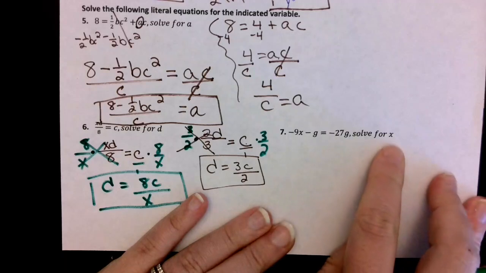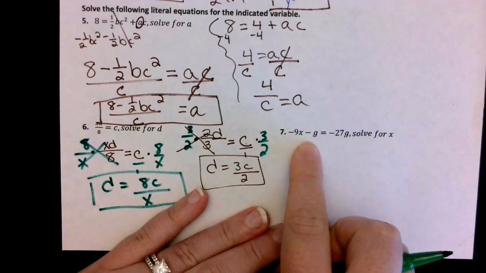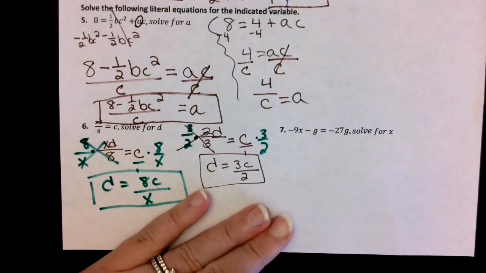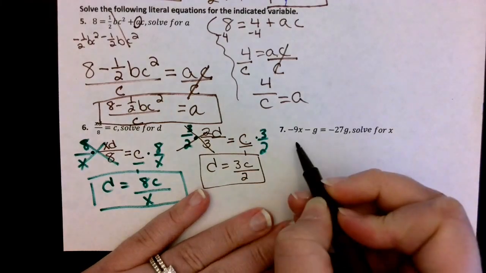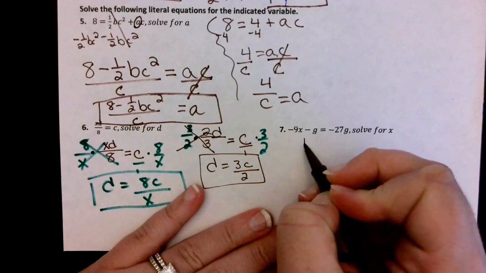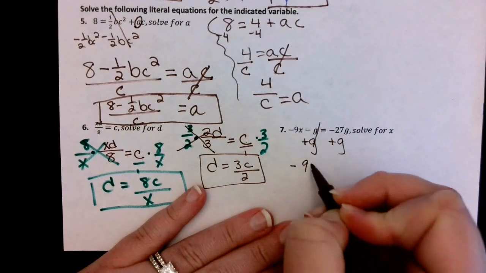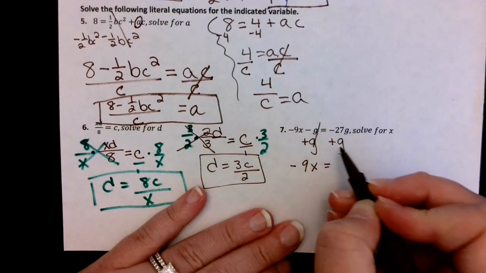In number 7, I am solving for x, and I have negative 9x minus g equals negative 27g. This one's a little easier to solve because there's g's. I want to get the x by itself. x equals is my main goal. So I want to add the g to the other side. I have negative 9x equals negative 27g, and I'm adding a g to it.